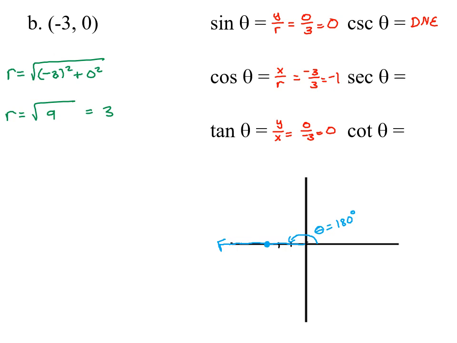If you flip over -1, you still get -1. And if you flip over 0, you'll also get something that does not exist. And so there's a few times along the way, especially on the quadrantal angles, that you're going to get things that do not exist. And they're usually one of the secant, cosecant, and cotangent ones.